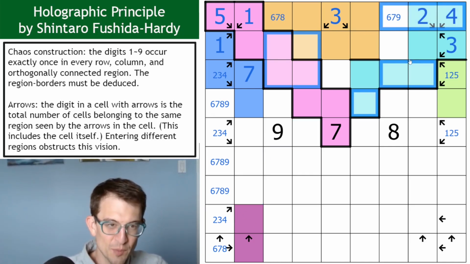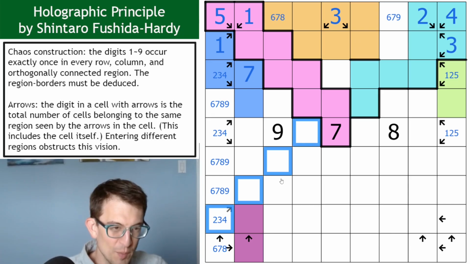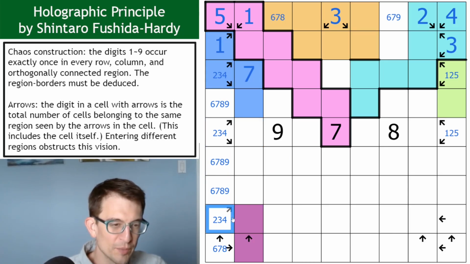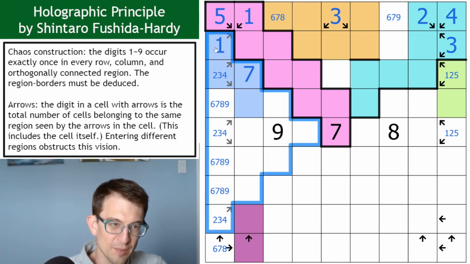Let's do something similar to where we counted cells here. Like, how many cells are in here? There is 7 plus... Oh, but the thing is, this could... Well, let's just count. 7 plus 5 plus 3 plus 1 is 16. So I would need 2 more cells.